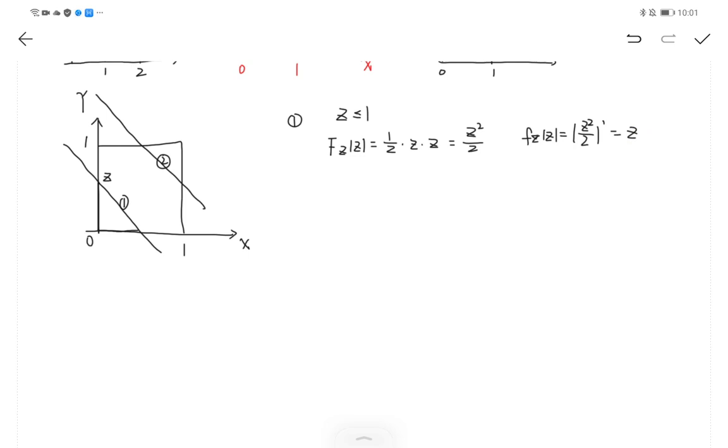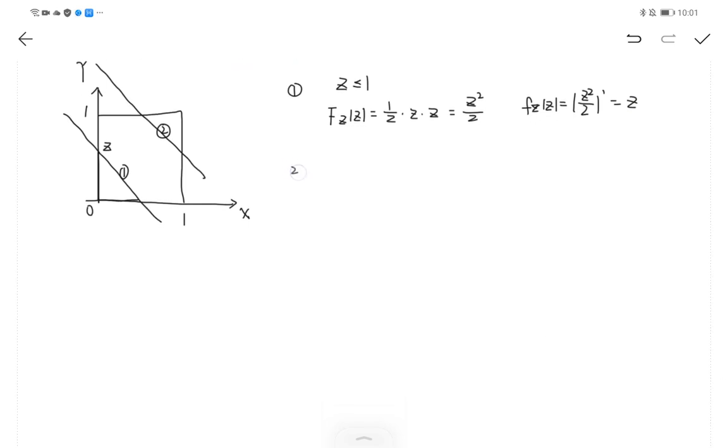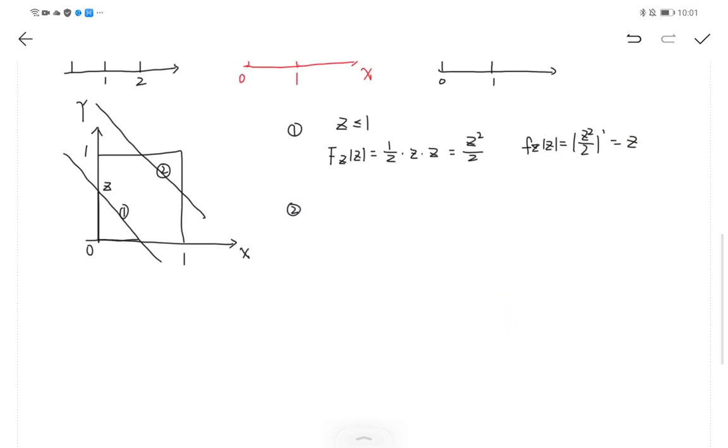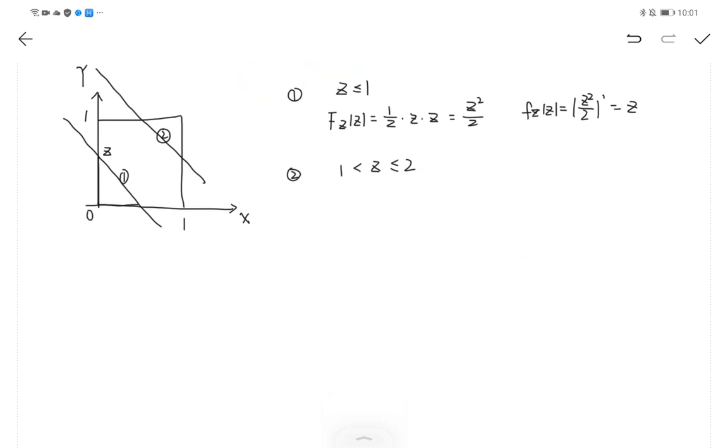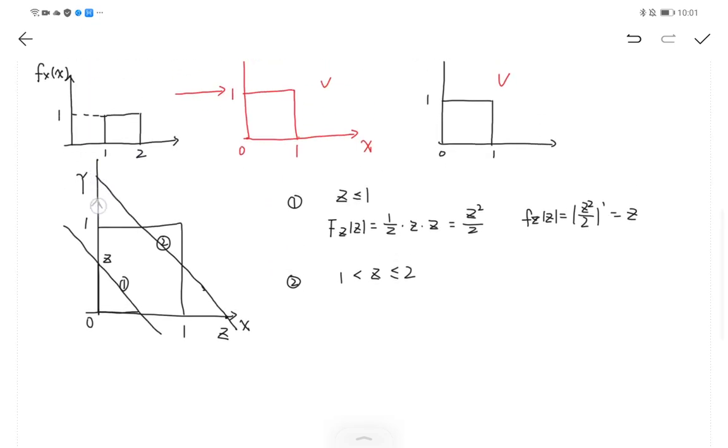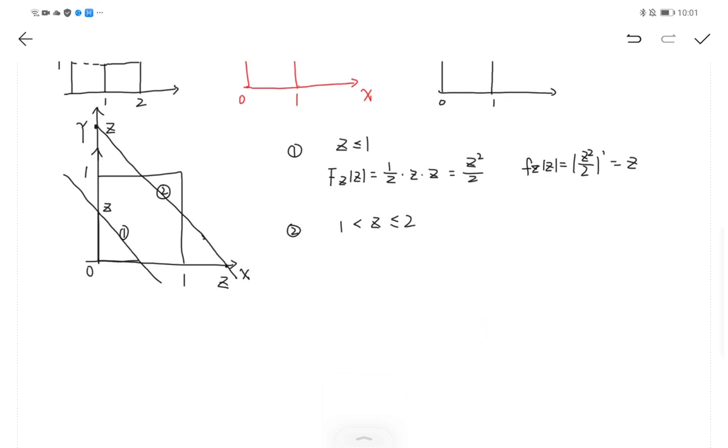So the density function is z. And for situation 2, when z is more than 1 and less than 2, it's like this, and this point is z. The area we should calculate is like this.